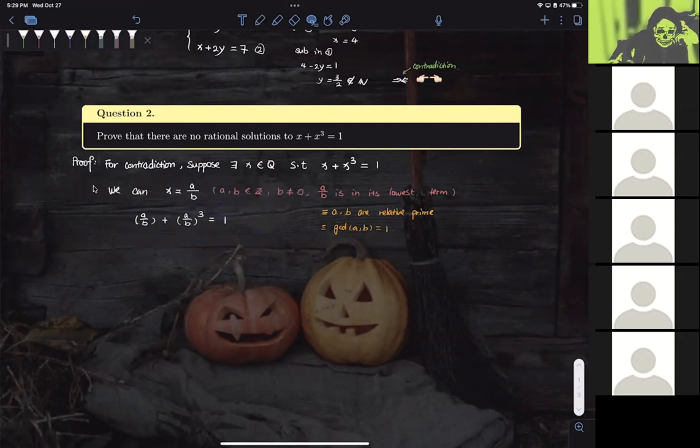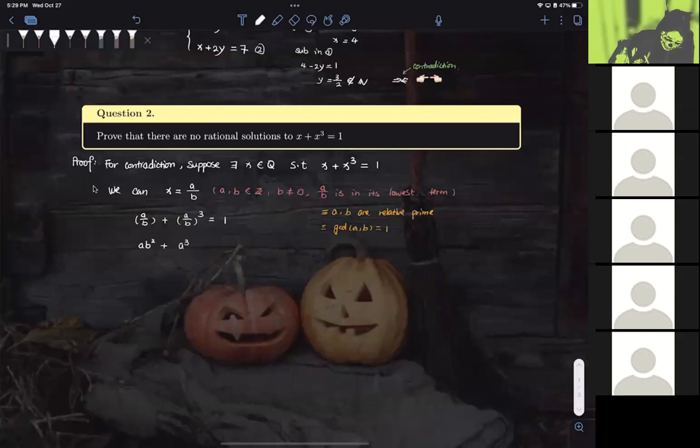So you want to get rid of the fraction. To get rid of the fraction, you need to multiply by b cubed on both sides. So you'll get ab squared plus a cubed equals b cubed. Okay, why do we have this? Because we do not like fractions, we like integers.